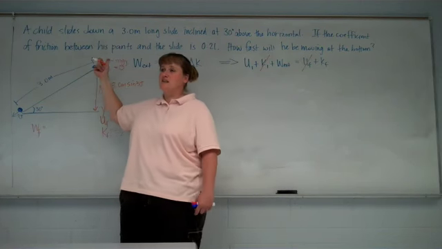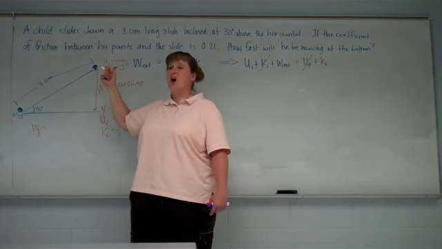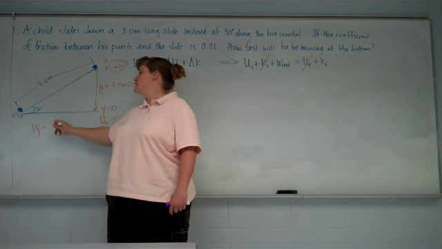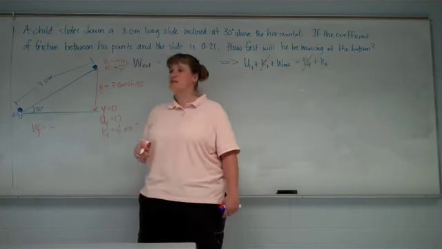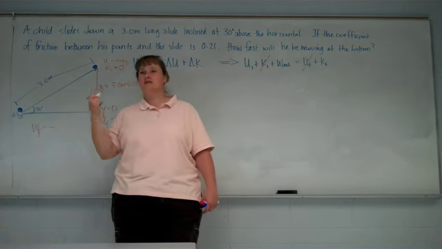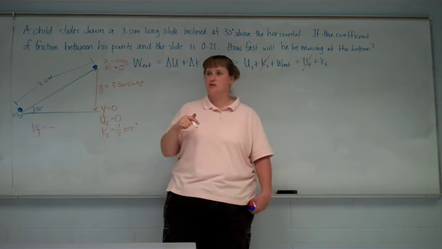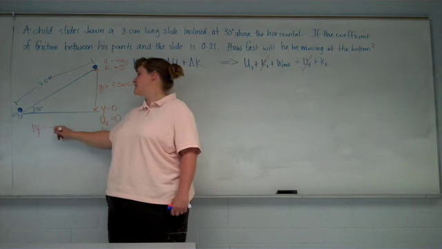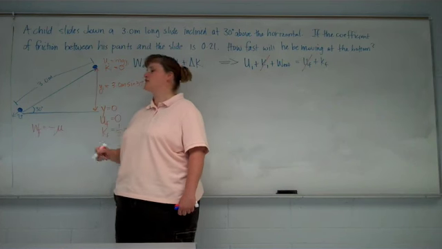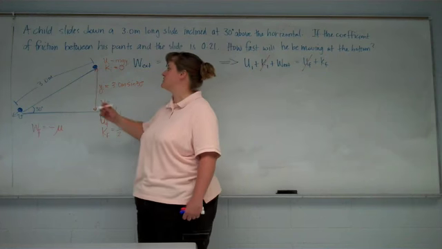Friction is up the incline, so it's opposite the displacement, so the work for friction needs to be negative. If the force is opposite the direction the object's moving, then you need a negative sign on your work. The force of friction is the coefficient of friction times the normal force.